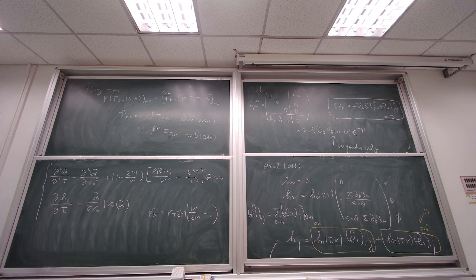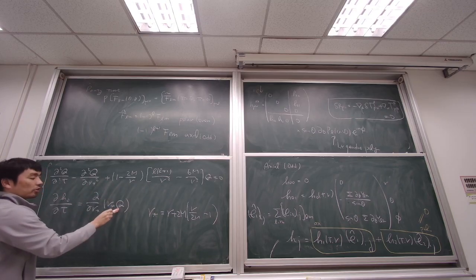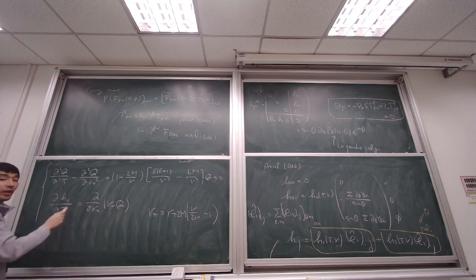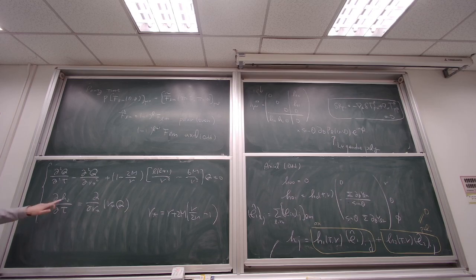If you solve this one, you can get Q. You plug it in here, and that will give you H0. What is Q? If you want to solve for H0, you just introduce some other function that satisfies this equation.